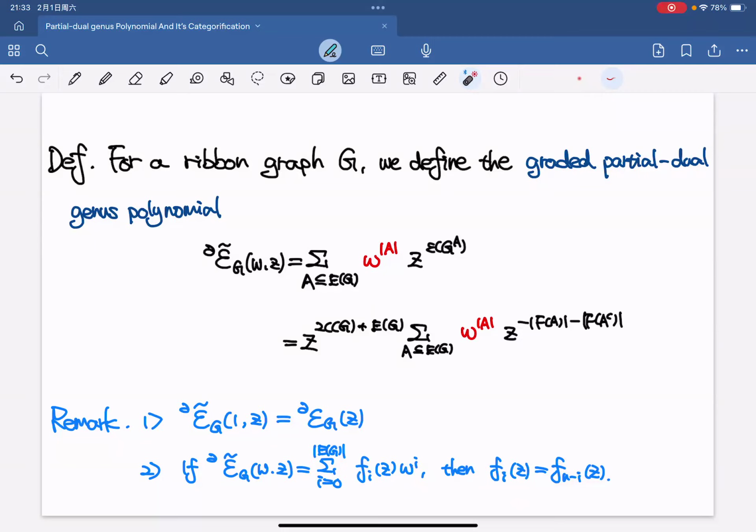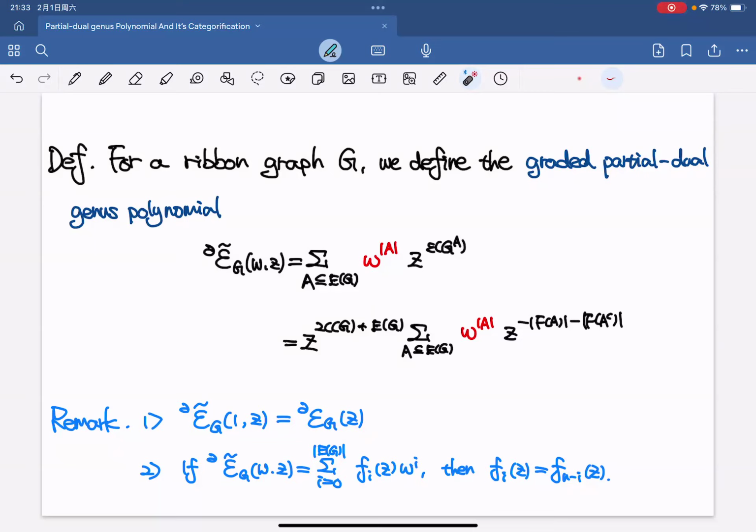So now we have introduced another polynomial which has two variables, w and z, and we know that it can be used to recover the original partial dual genus polynomial. What we want to do is to introduce a homology theory, actually a link homology theory, whose graded Euler characteristic can be used to recover this graded partial dual genus polynomial.